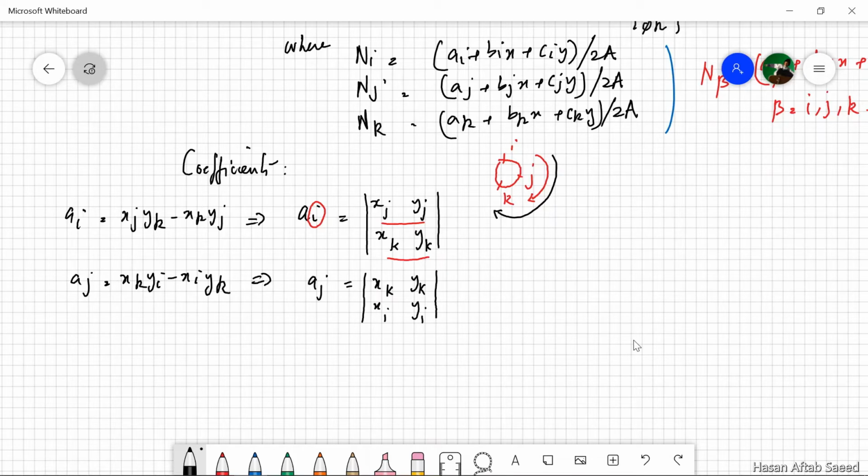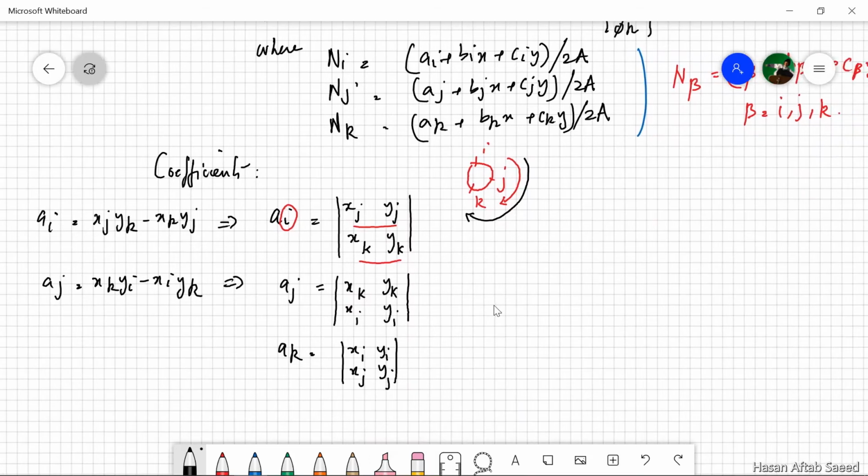And you can verify that you get the same expression, but this one is much easier to memorize. Please verify that ak by the same scheme takes the form x, y, with k here, so we have i, j.